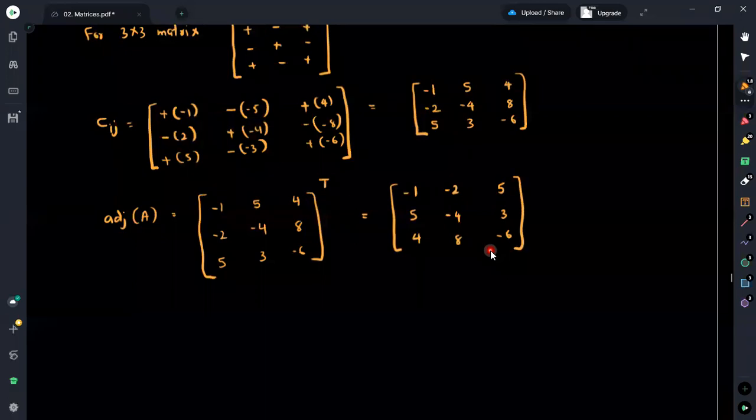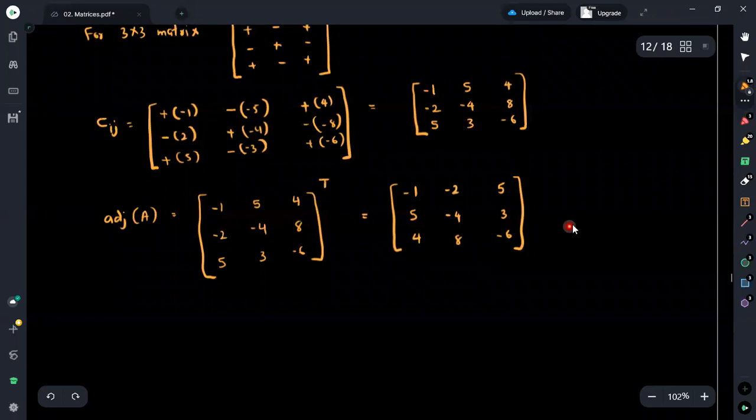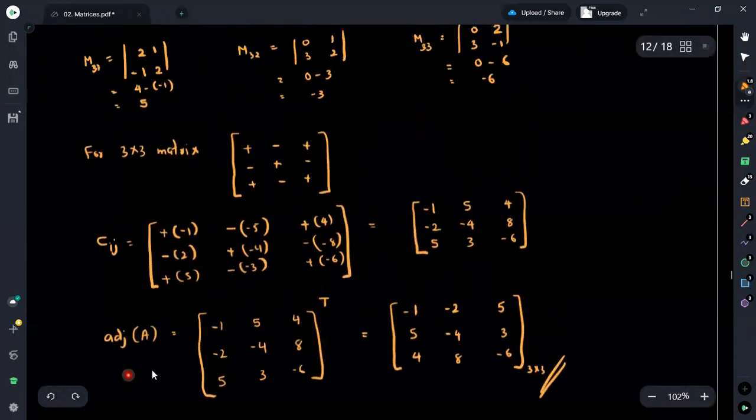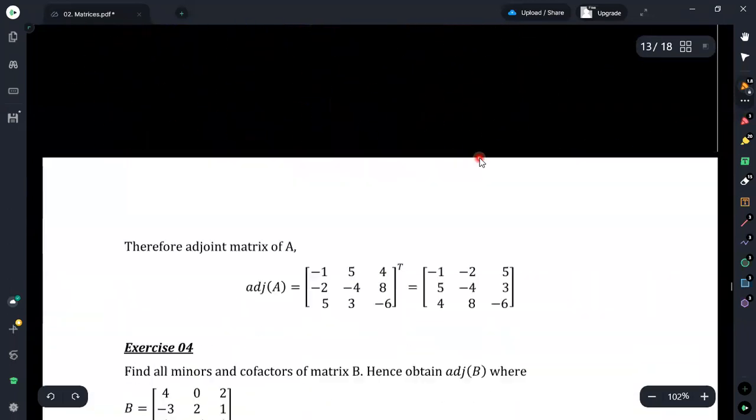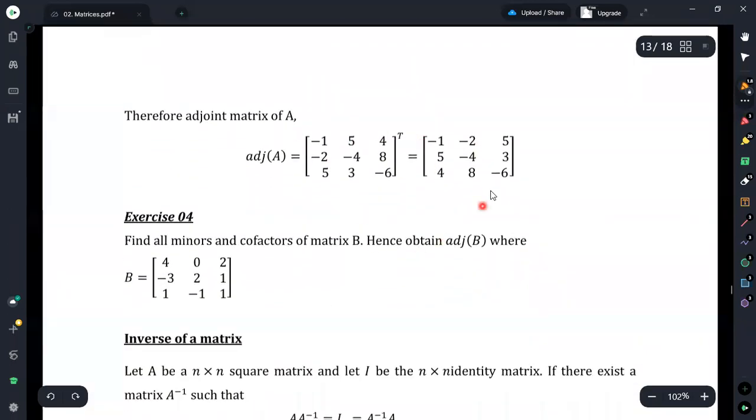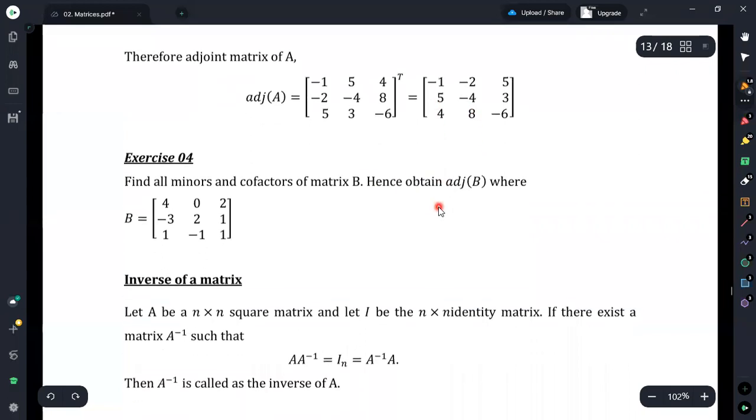This is how we take the adjoint of the matrix A, and this is a 3 by 3 matrix. Therefore, once you have obtained the adjoint of a square matrix, its dimension is the same as the initial matrix. Here also we can see the values are given, and these are the obtained values.